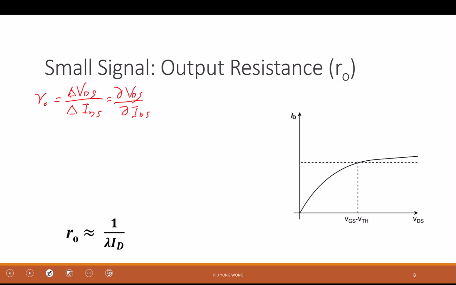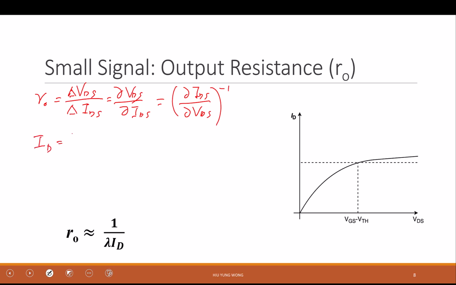And we know that this is not straightforward, so I'm going to just find the inverse of it, partial IDS divided by partial VDS. So what I'm doing is instead of partial V over partial I, I use partial I over partial V, but then take the inverse. And why is that? Because you need to find that relationship, and you find that you have this relationship.